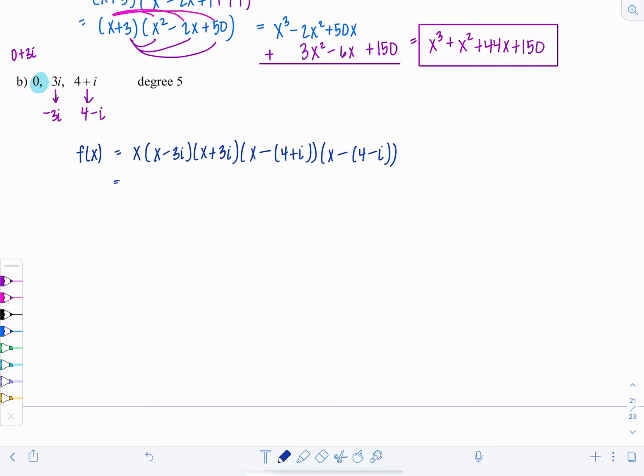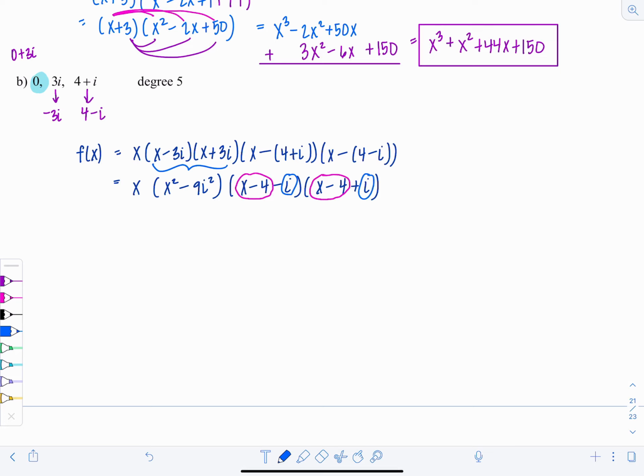Cool. So here, bring down the x. Now, these are conjugate pairs, so let's for sure multiply those by each other. That's going to give us x squared minus 9i squared. And then I need to distribute the negative over here, so I'm going to have x minus 4 minus i times x minus 4 plus i. Here's a, right here, and then here's b.